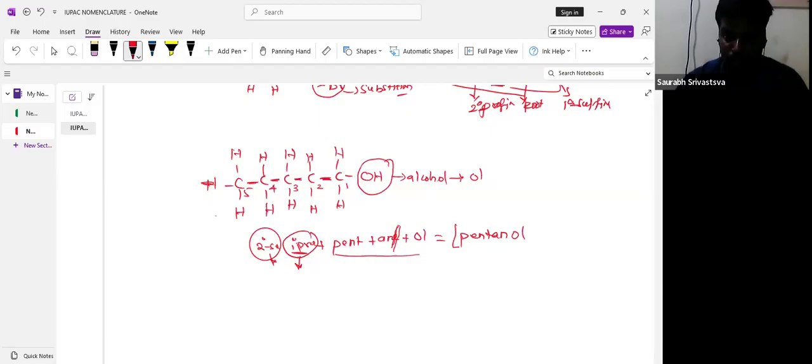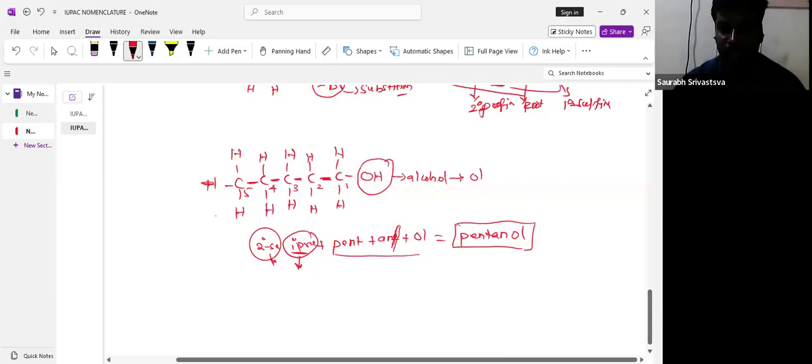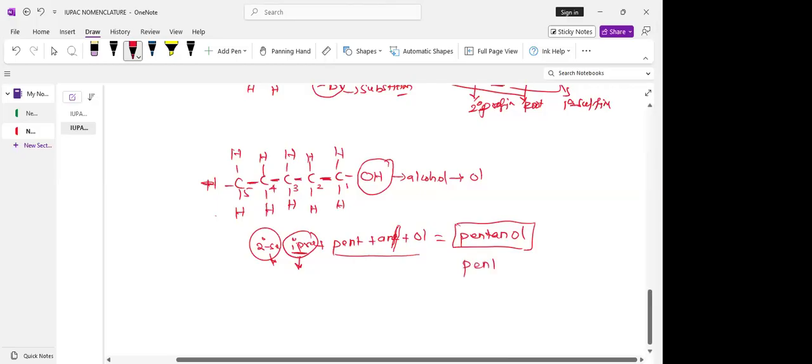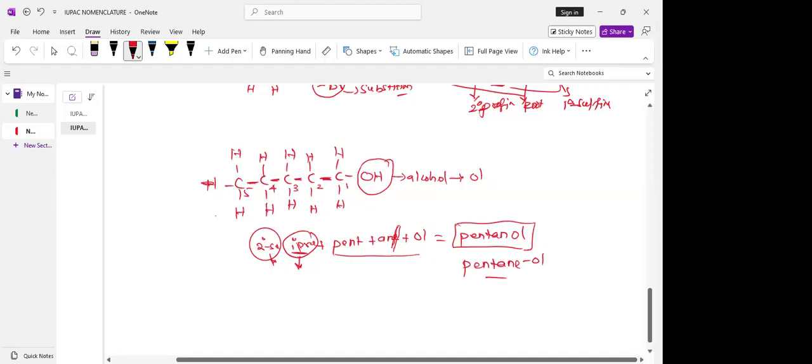This is the answer. Suppose you are not able to remove this E, then directly you can write pentane and OL. This is also correct. Pentanol. Okay. Clear? Understand? Next example.